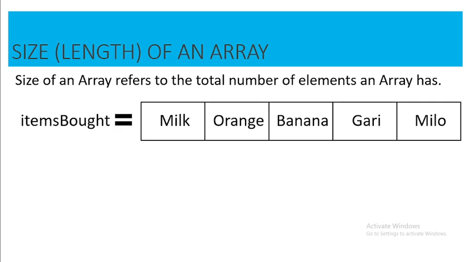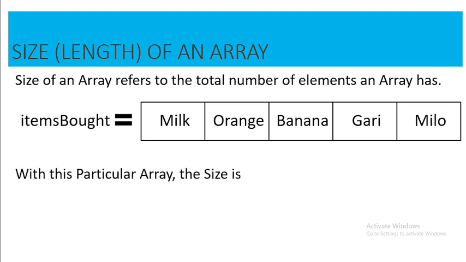You create an array and assign this collection of data to it: milk, orange, banana, gari, milo. Milk is 1, orange 2, banana 3, gari 4, and milo 5. What is the size of this array?